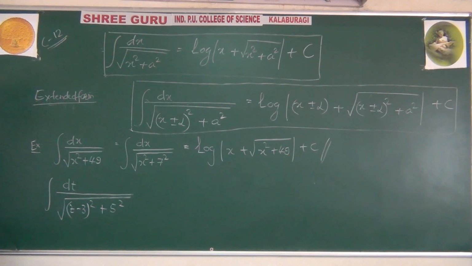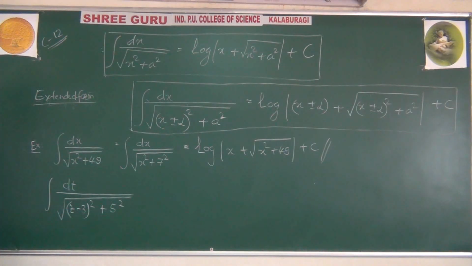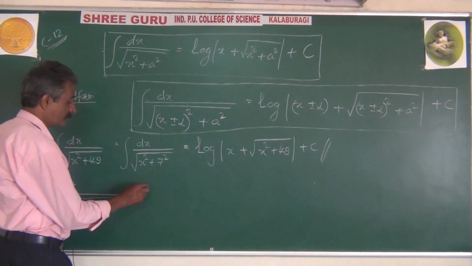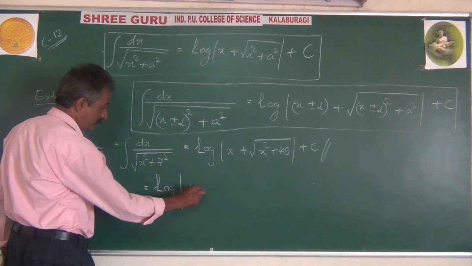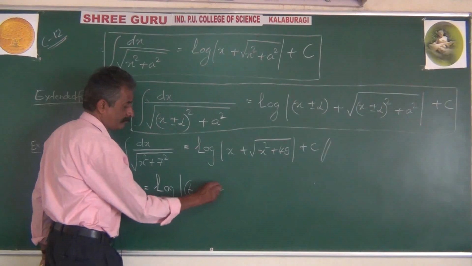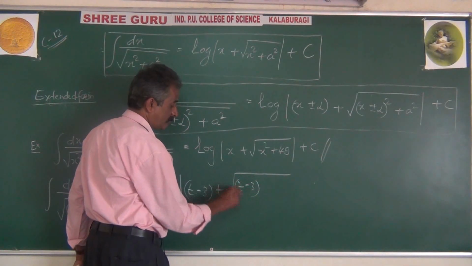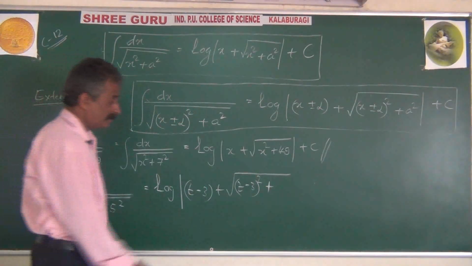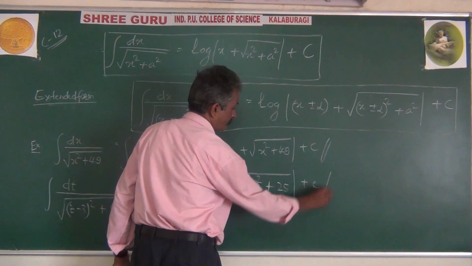So only that answer is to be written. But instead of x we have t minus 3, and for a we have the number 5. But no change in answer format. That means what is the result? Log modulus of t minus 3 plus square root of t minus 3 whole square plus a square. What is a square? 5 square, which can be written as 25, plus c.